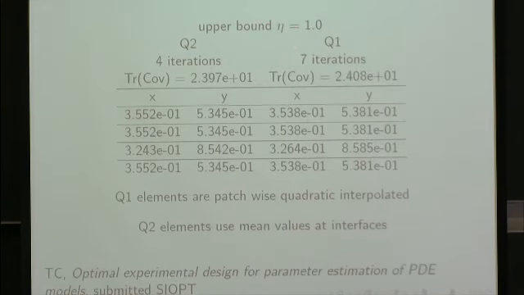And if I consider this other state equal to 1, we have much faster convergence for Q2. So this result will be available if this paper is accepted by SIAM Optimization.